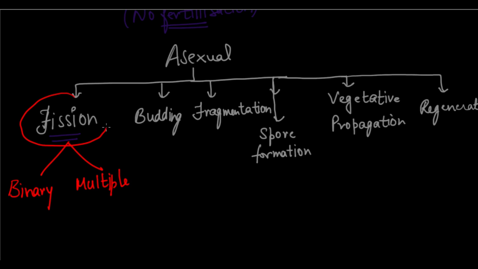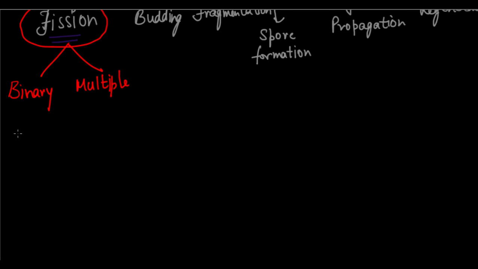Fission process. If we look at fission, the first process is fission. Fission basically means division. So fission is basically called division. When there is division of the organism, when the organism basically divides to form daughter cells.